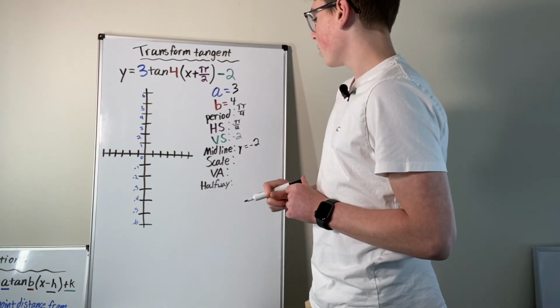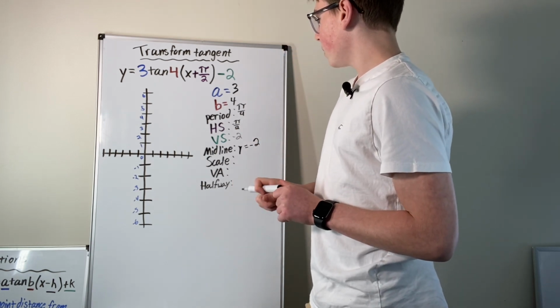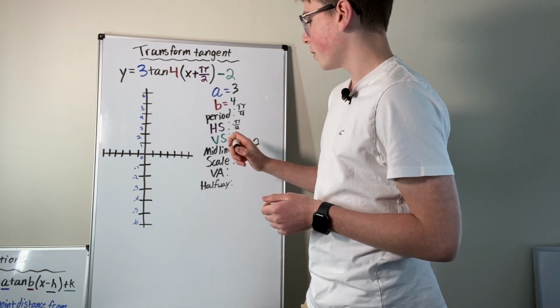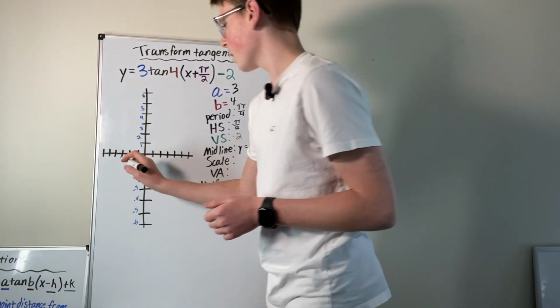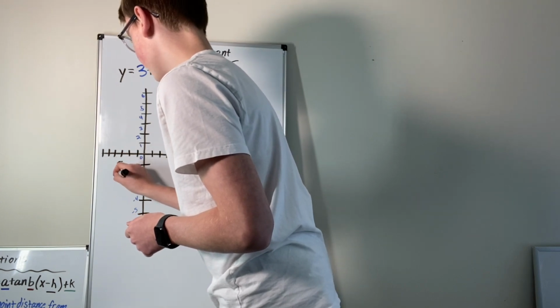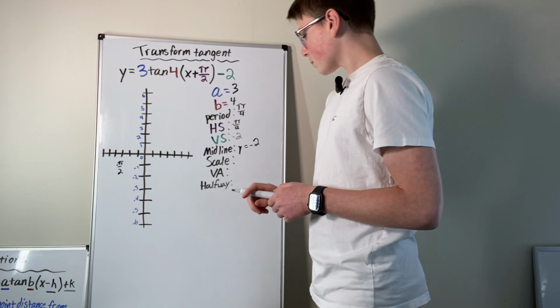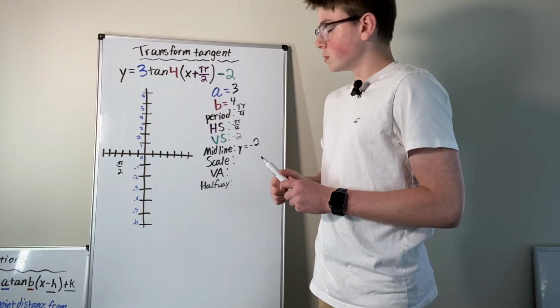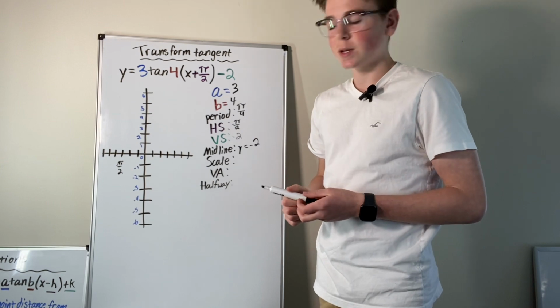Let's start graphing. First, we will graph our horizontal shift, negative pi over 2. I'm just going to put that in the middle over here. Then we should find the vertical asymptotes.